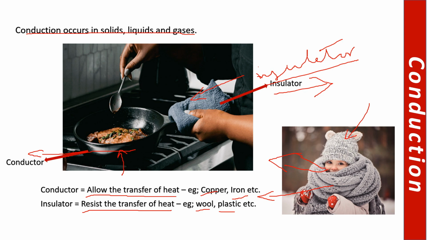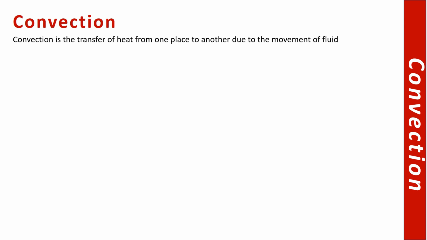So now from here we are going to move towards our next mode of heat transfer, which is convection. In convection, the heat transfer again takes place due to the temperature difference, from higher temperature towards lower temperature.